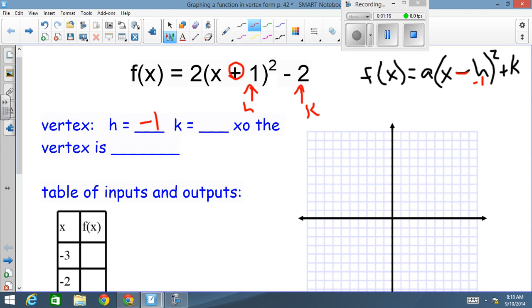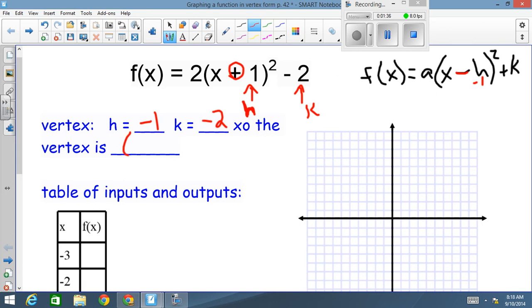It was the same way in the last unit when we shifted left or right, and I said a shift to the left is actually a plus, and a shift to the right is a minus. The h itself is actually the opposite of the number you see in the parentheses. The k is what it is. In this case, it's a -2.